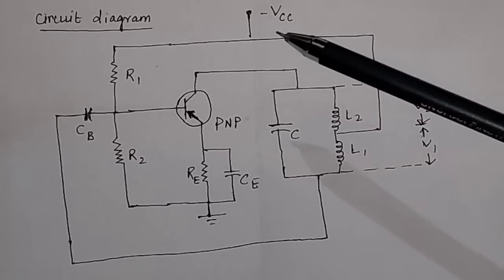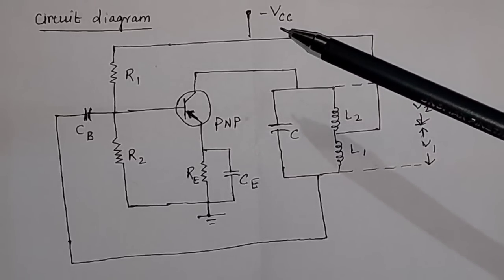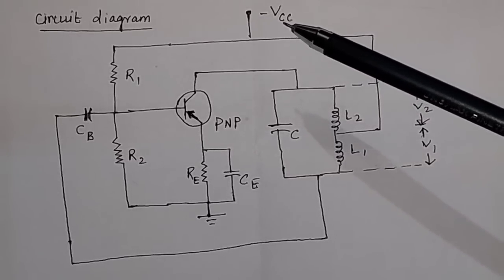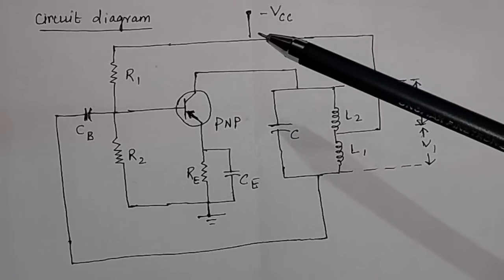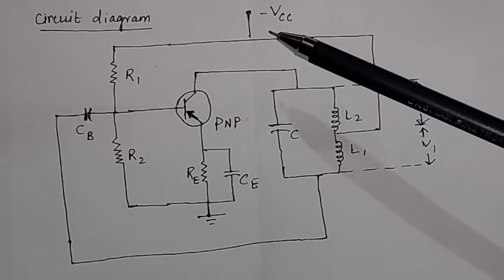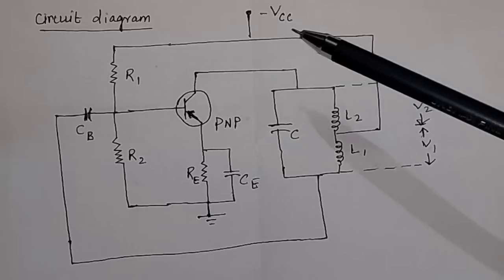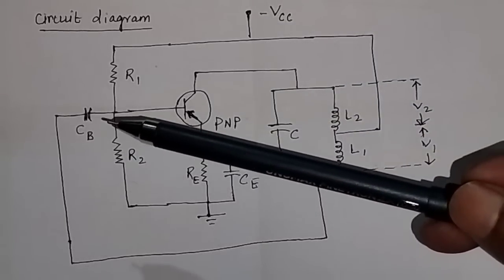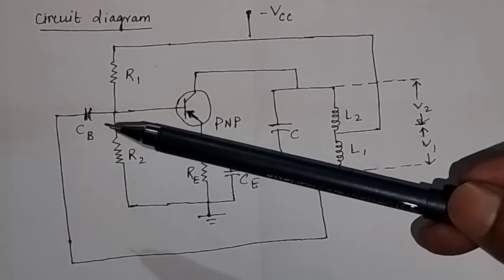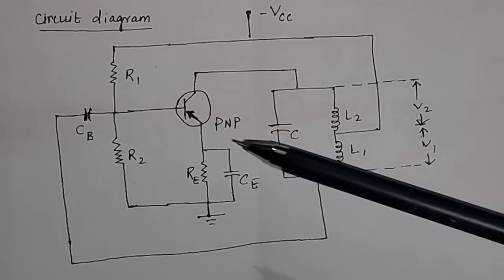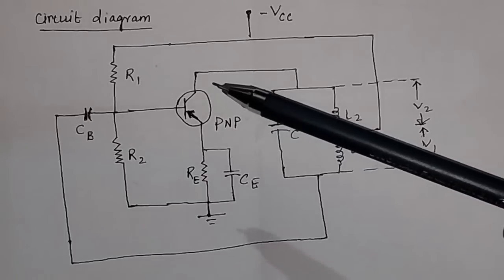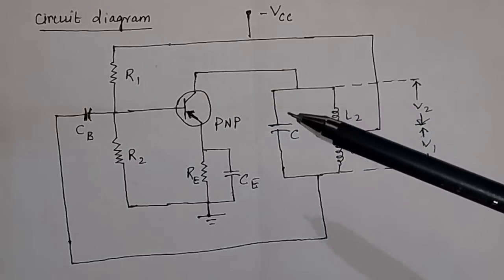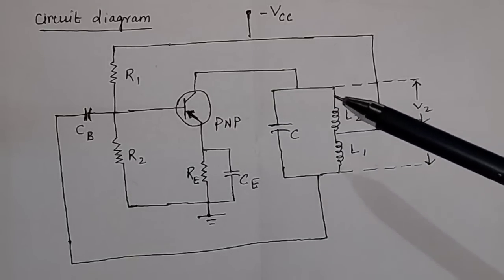And this voltage minus VCC is called the collector supply voltage. That means we give some voltage to the collector circuit, and here CB, you see you have a capacitor CB, this is called the blocking capacitor. And to the collector circuit, you connect a tank circuit.